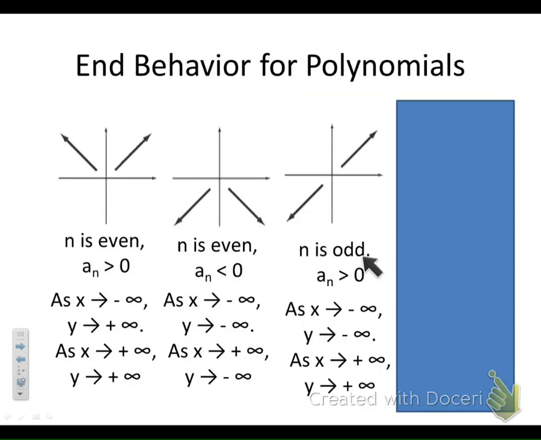When our degree is odd and the leading coefficient is positive, then they actually end in different directions. As you move left, you're going down, but as you move right, you're going up. And this is if your degree is odd.